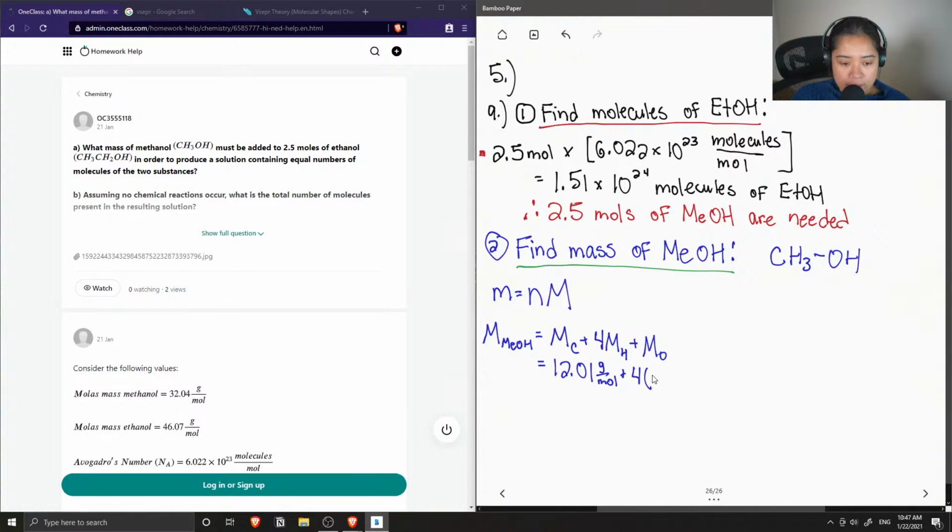Hydrogen is 1.01 grams per mole. And oxygen is 15.99 grams per mole. If we add all these values up, you should get a molar mass of methanol of 32.04 grams per mole.